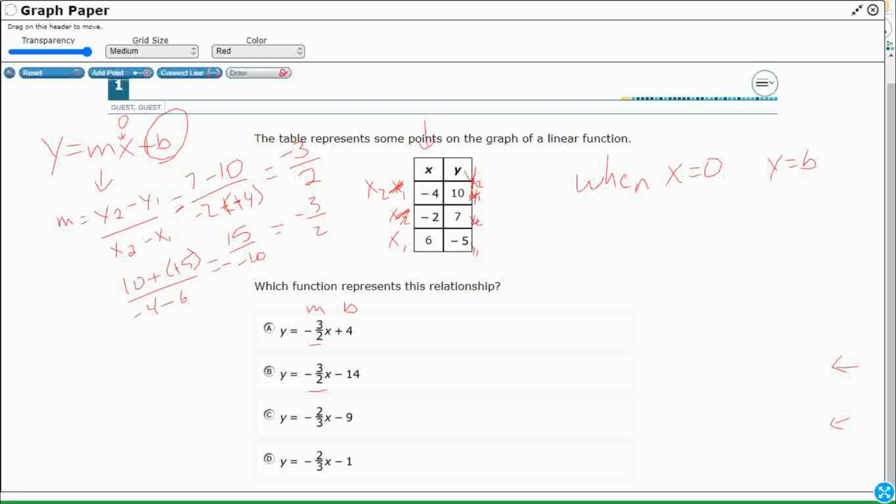They don't, so we're just going to do a little substitution. We're going to select an x and y coordinate. I'm just going to use those two right there and substitute them in. So y equals mx plus b. You can do this with any of these coordinate pairs. My y is -5, my x is going to be 6, and we found our m is -3/2, plus b.